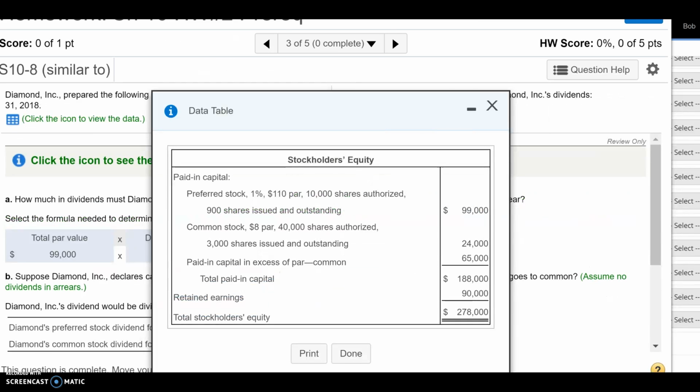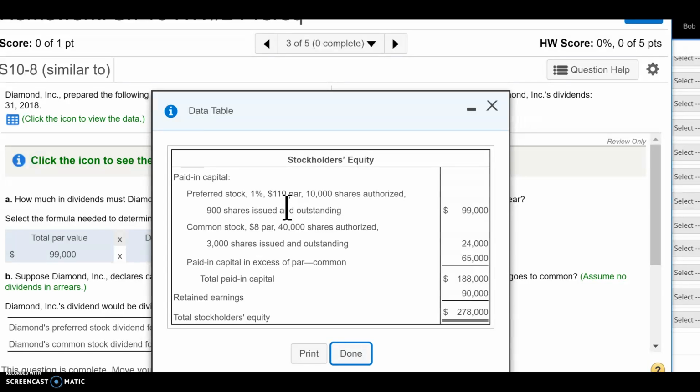We'll move on. Let's take a look at this question on dividends, common and preferred. Here we have a capital structure. So the preferred dividend is 1%, $110 par value.